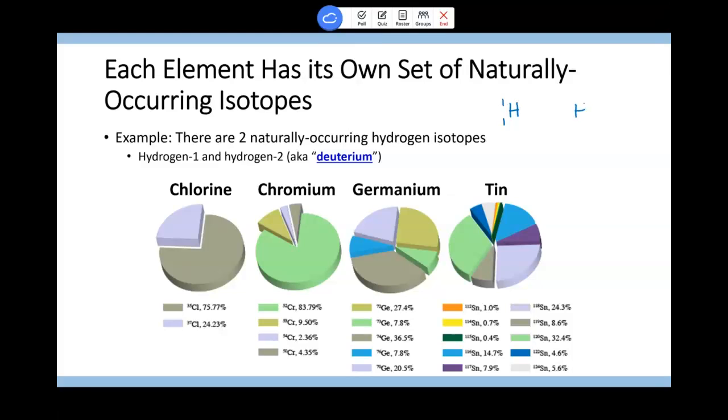Hydrogen 2 is hydrogen with 1 proton. It still has 1 proton because it's still hydrogen, but 1 neutron as well. This is still hydrogen, but it's often referred to as deuterium. So if you see that name, that is a hydrogen isotope with 1 proton, 1 neutron.